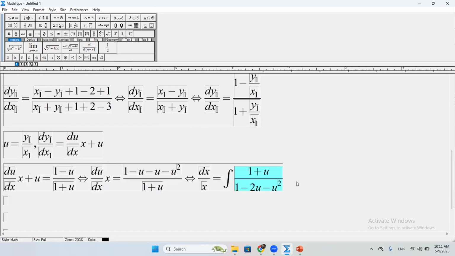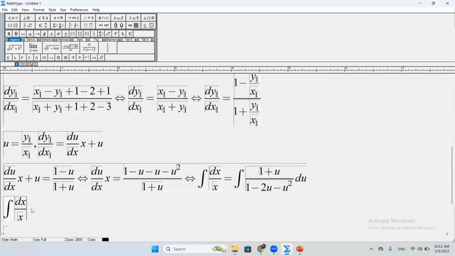So having the following integral. Okay, let's write it down as integrals, and here du, by the way. So this expression will be equal to logarithm of module x plus logarithm of module c.